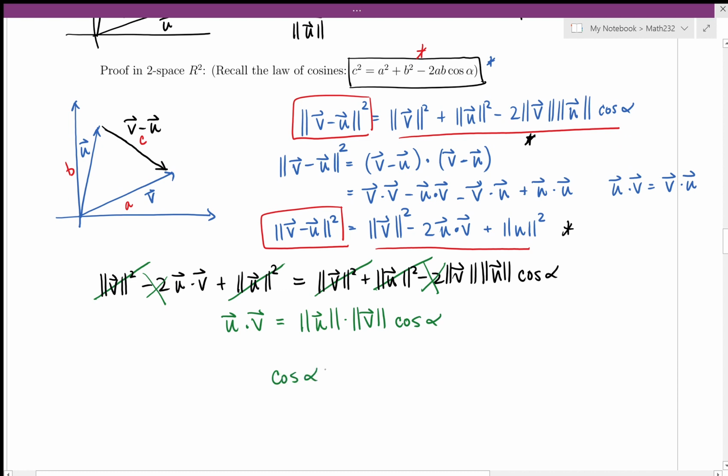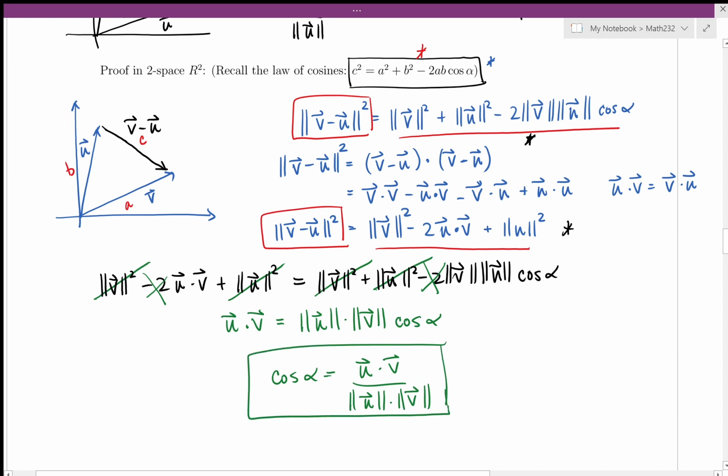Cosine of alpha is u dot v divided by the norm of u times the norm of v. Okay, so u and v cannot be the zero vector. And we are done. We have showed this result that we can now use if we ever wish to calculate the angle between two vectors. We can just immediately go to this. We're convinced that it is true.